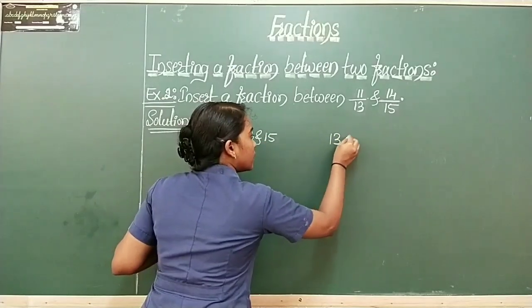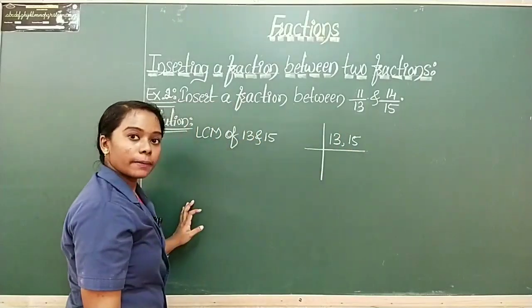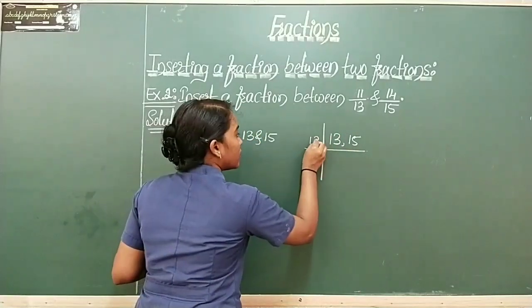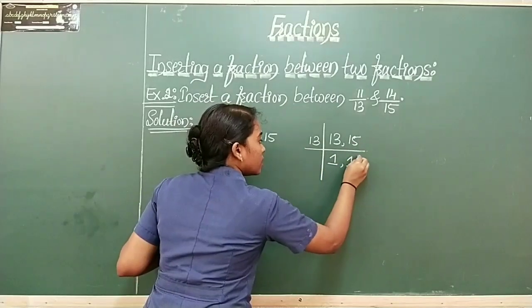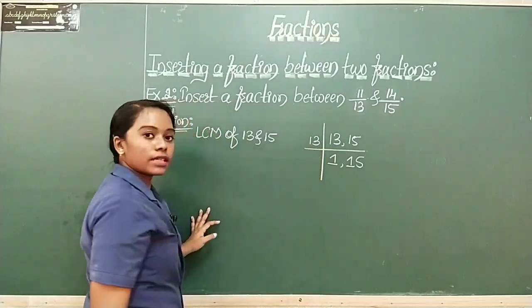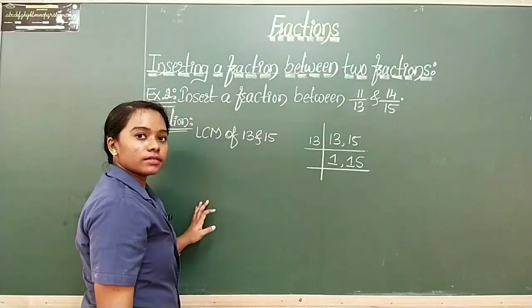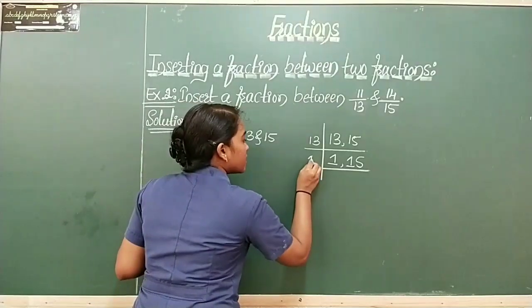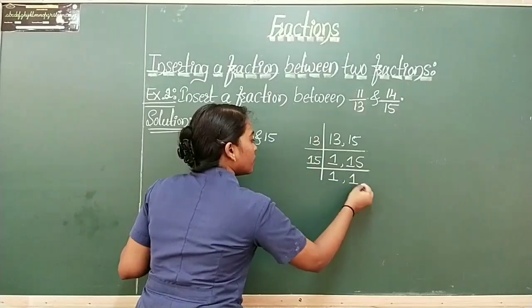Find it. 13 is divisible by 13 only. 13 ones are 13, and 15 is not divisible by 13, so write it as it is. 15 divided by 15 itself, 15 ones are 15.